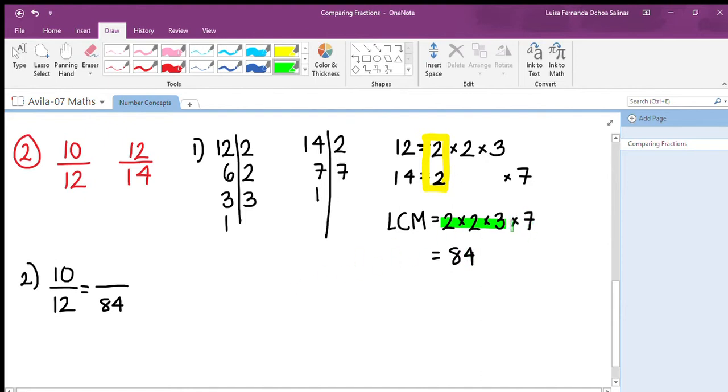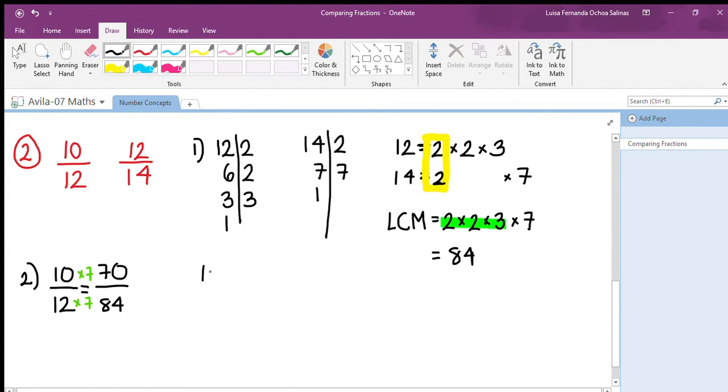Therefore, I multiply by 7 to get to 84. So let's use another color here. So I'm going to say, okay, I multiply 12 times 7, and I'm going to do the same with the denominator. Therefore, it's 70 over 84. Fantastic.